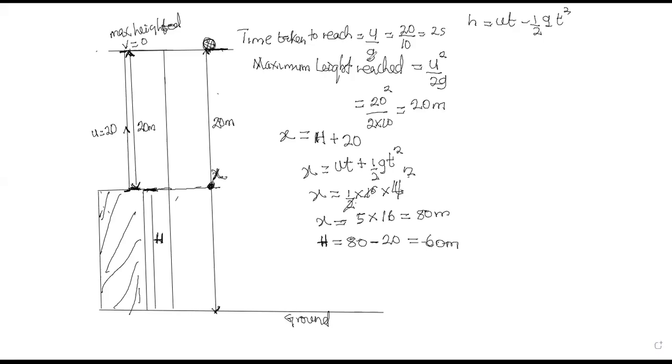The other method is that, you see, I saw a lot of you using h is equal to 20 times the time of flight, which is 6, minus half times 10 times 6 squared.